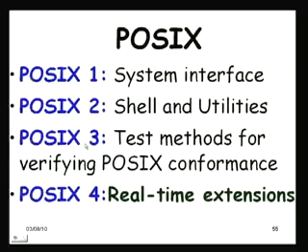Then POSIX point 3 is another volume, a document which gives test methods for verifying POSIX conformance. If you look at an operating system, how do you determine that it is POSIX conformant? What tests do you need to do? This defines that. And POSIX point 4 is the real time extensions. This is our main concern in our discussion, this volume, POSIX 4.